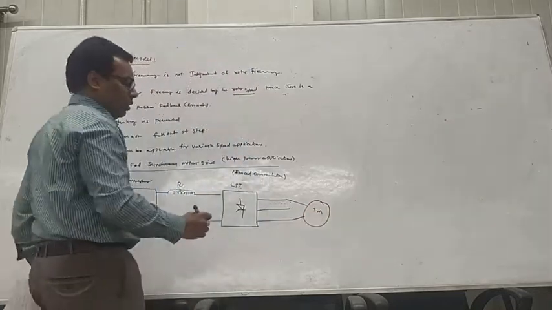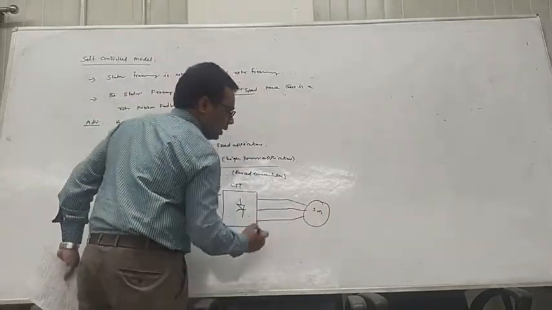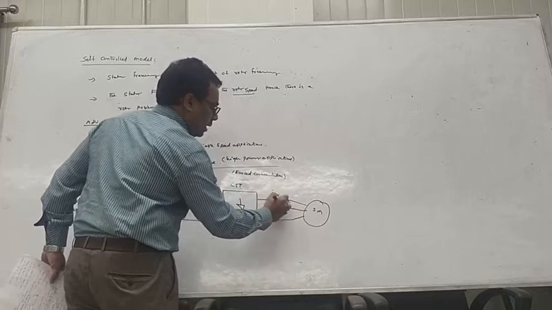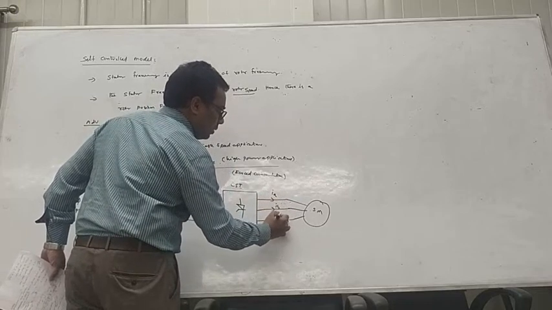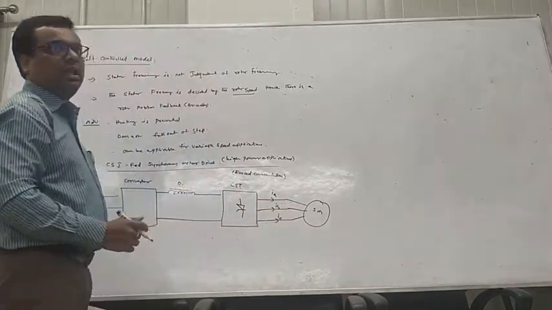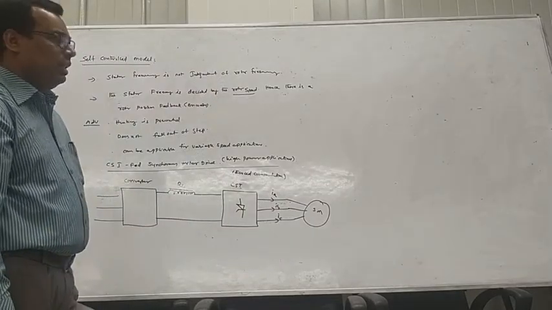The currents are IA, IB and IC, the three-phase currents from the CSI.